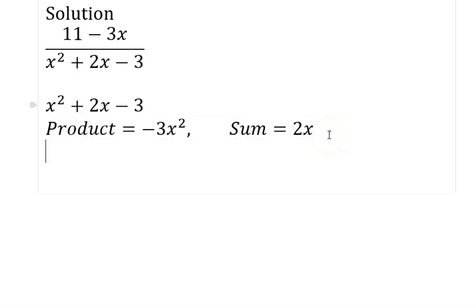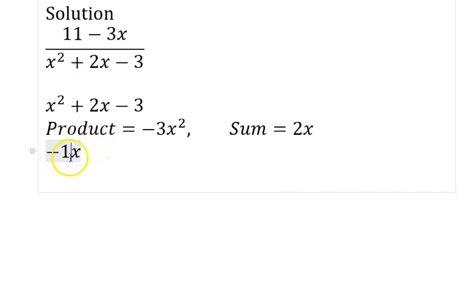So let's get those two numbers. It is very easy. Just look for those two numbers. We'll say minus 1x and 3x. Then we'll test run it to see if we are correct.